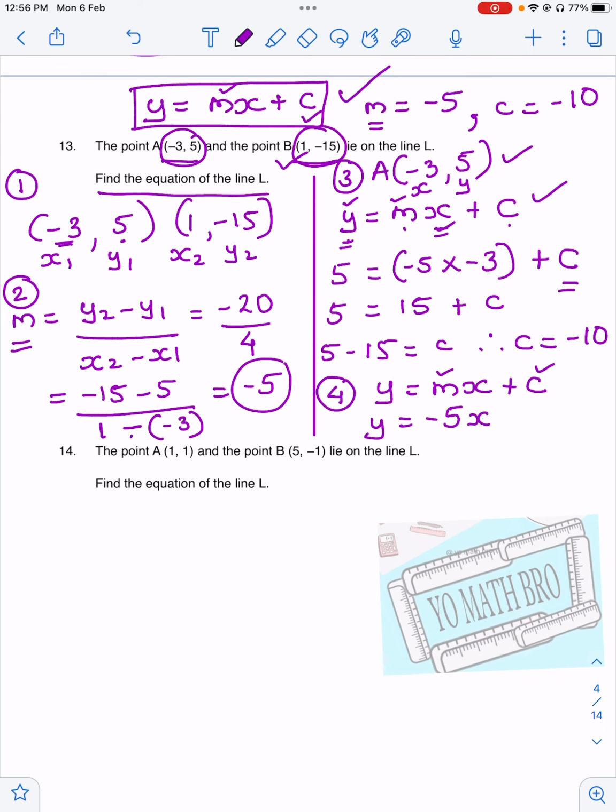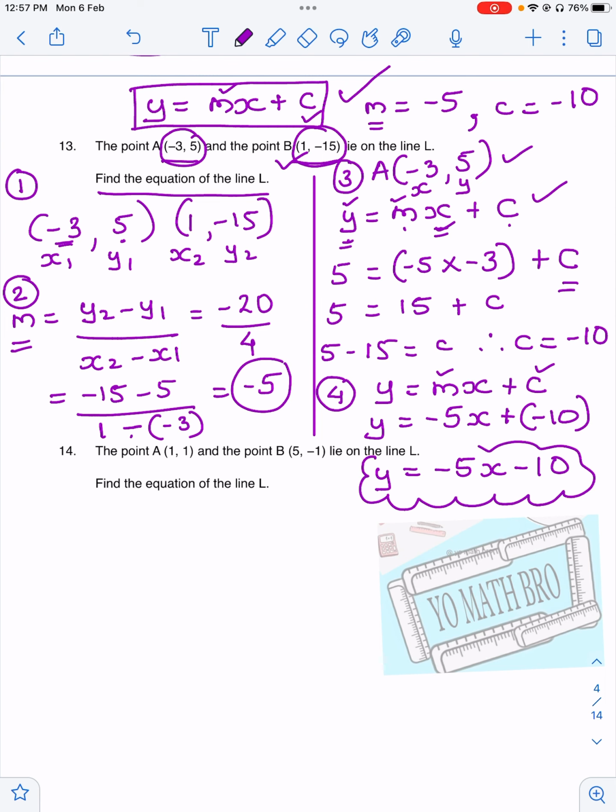We don't substitute x. And as C is -10, plus into minus, that gives me y is equal to -5x minus 10. This is the equation of the line.